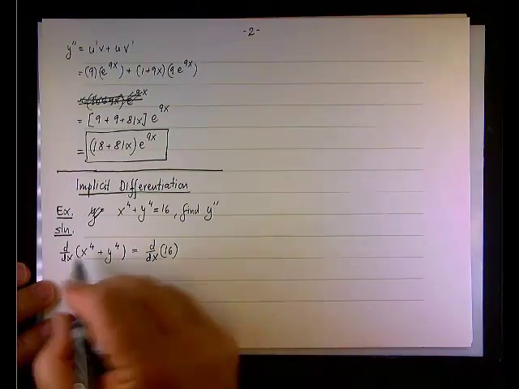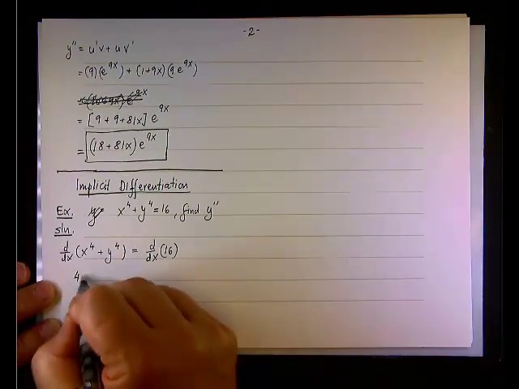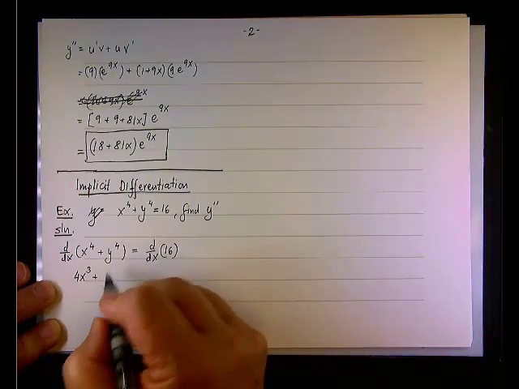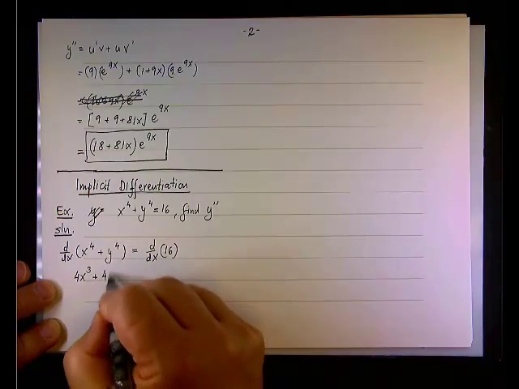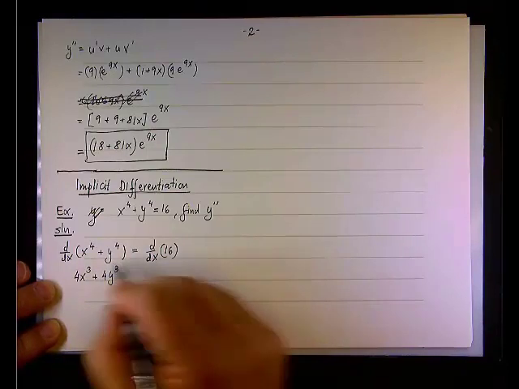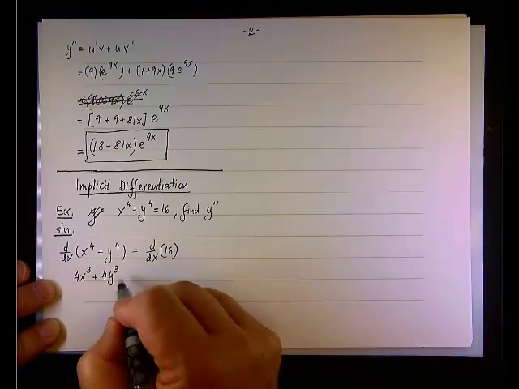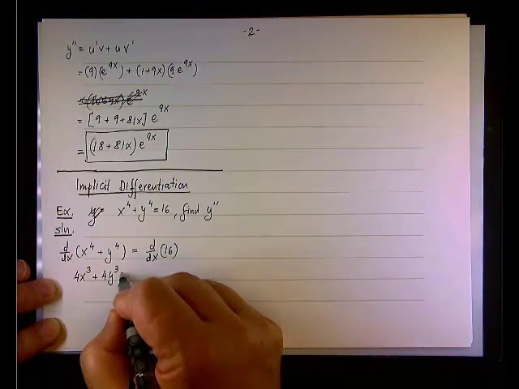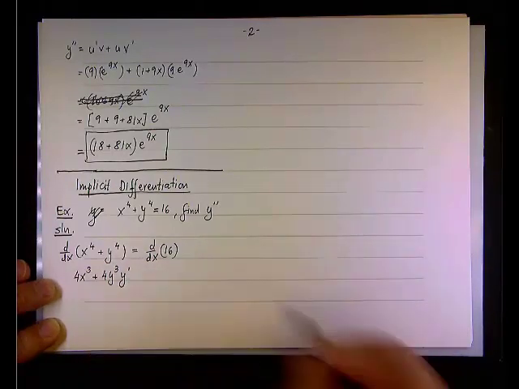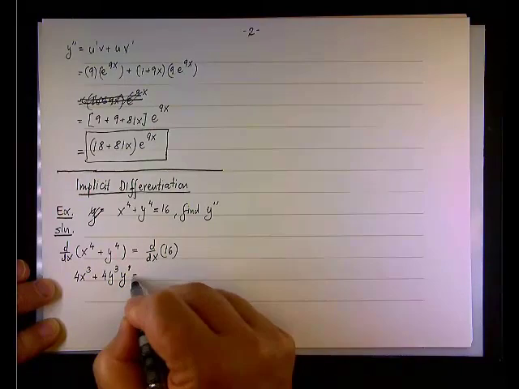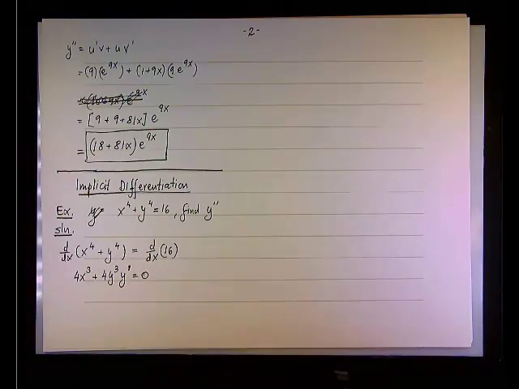On the left, the power rule gives us 4x cubed, plus the power rule with respect to y gives 4y cubed times dy dx. I'm going to use the prime notation today, so I'm going to write y prime here, and this is equal to 0.